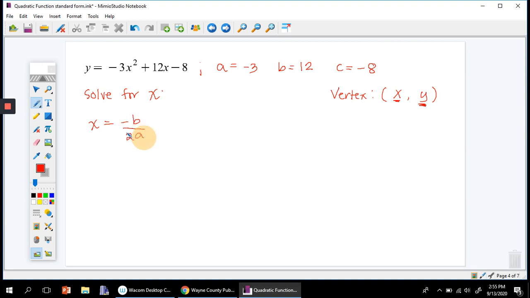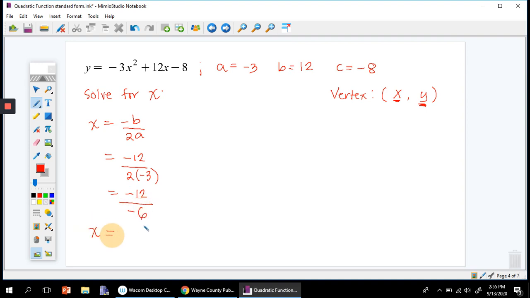And the value of your x here is actually the axis of symmetry. So let's start. So this is negative 12, negative b. That means this is negative 12 because the opposite of positive 12 is negative 12, over 2 times your a, which is negative 3, right? So negative 12 over 2 times negative 3, which is negative 6.